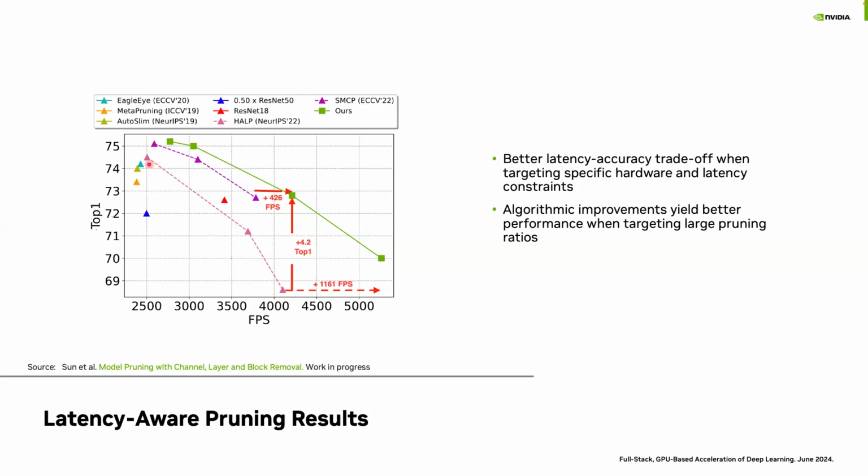Then when we go for soft pruning with a chance to update the model structure, it goes to the purple line here. If we further enable layer pruning and block pruning, we finally get the green line, further boosting the model performance, especially for large ratios on the right side.